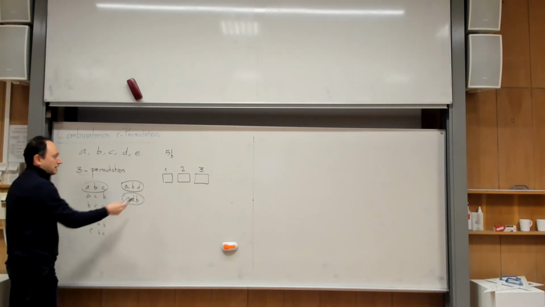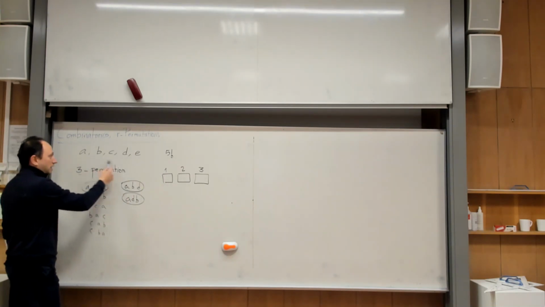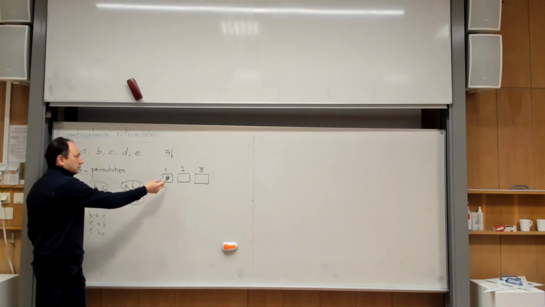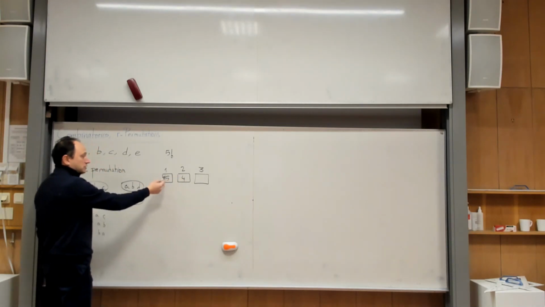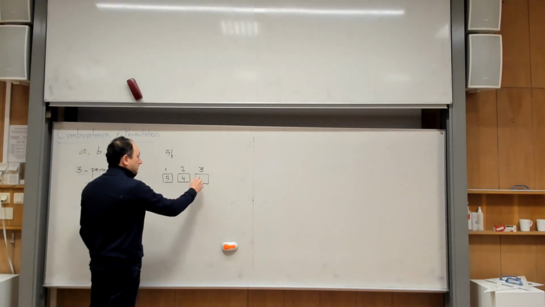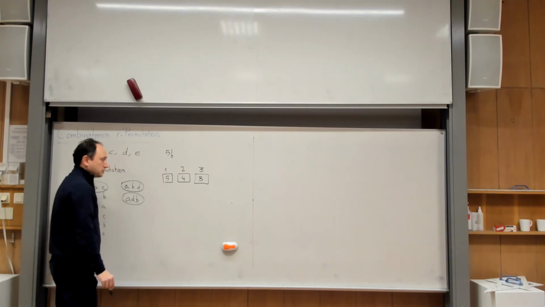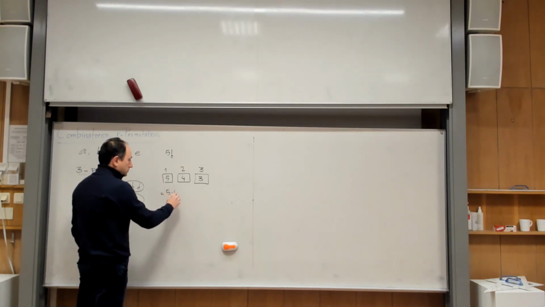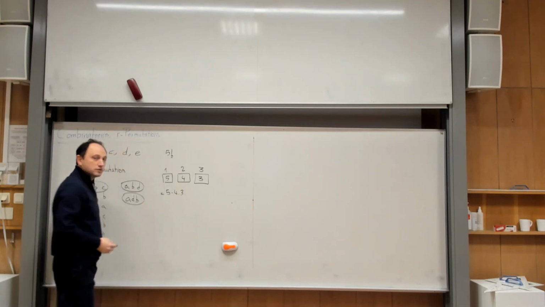Then for the first location, I have 5 options available. For the second position, I have only 4 options available because I have used one of them for the first position. And then I will have only 3 left for the third position. According to the product rule, this becomes 5 times 4 times 3. So the answer is very simple.